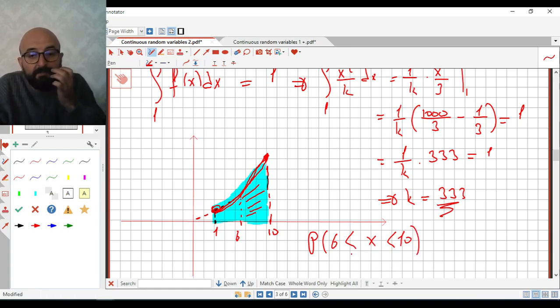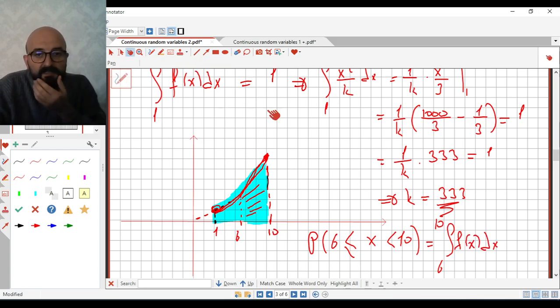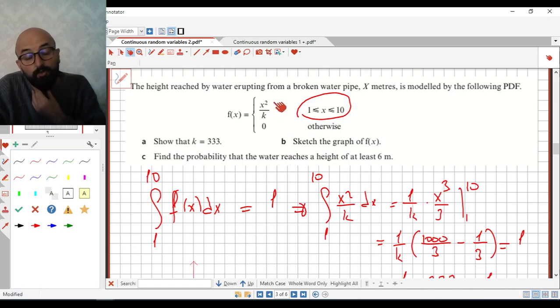And please remember that we can put the equal sign or not. It doesn't matter in the probability density function, because the probability of an exact value is 0. So it doesn't matter if you put a sign or not.